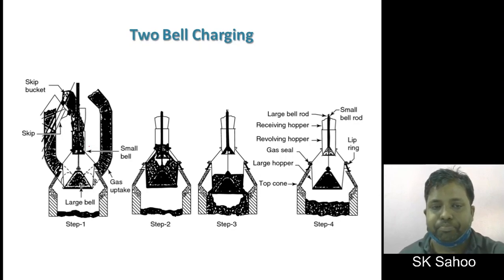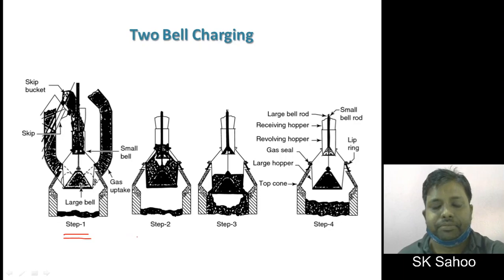This is the step-by-step operation of a bell charging system. In the first step, the small bell and the large bell or the big bell both are closed. The skip bucket drops the charge in the small bell hopper. Gas is going through the offtakes. This is the first step.